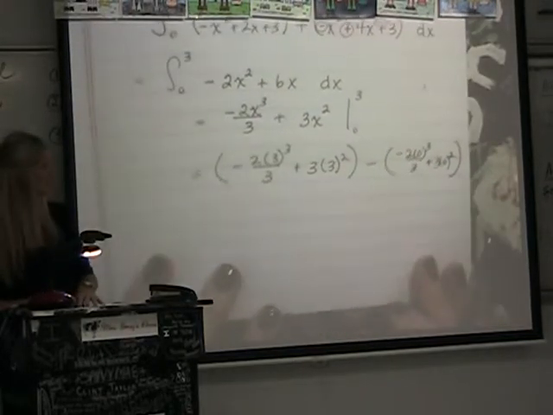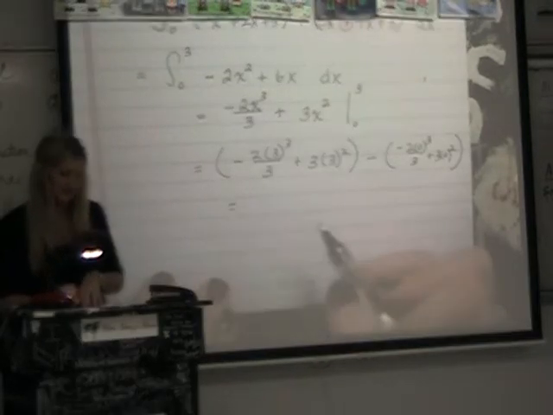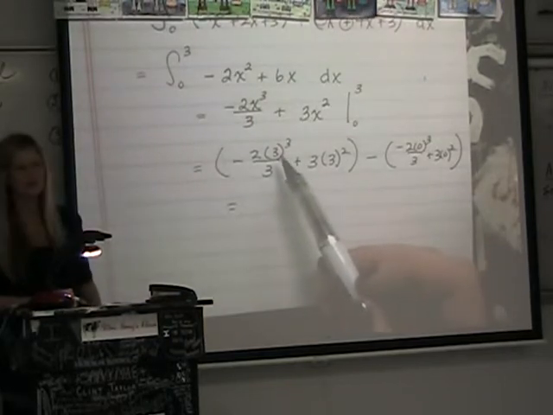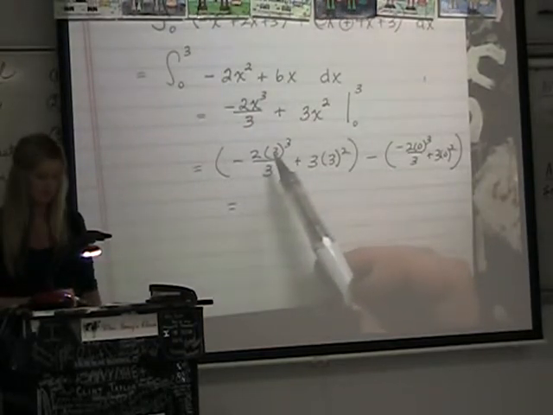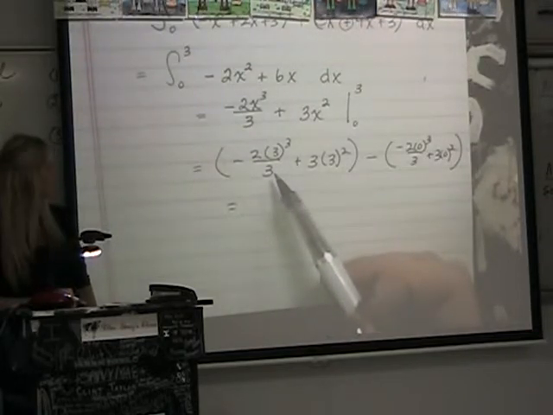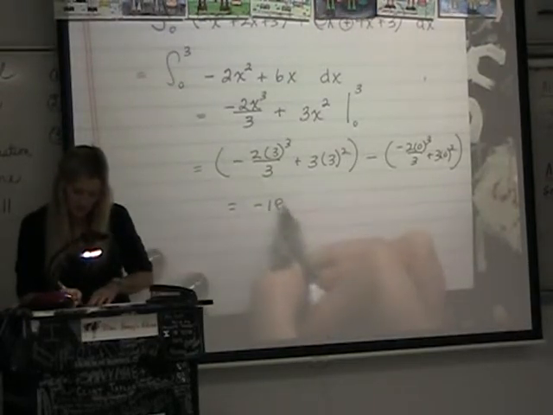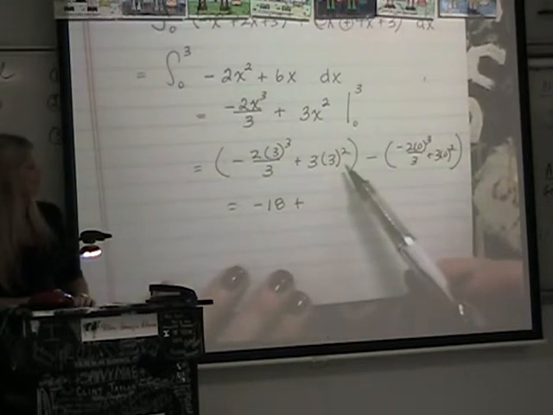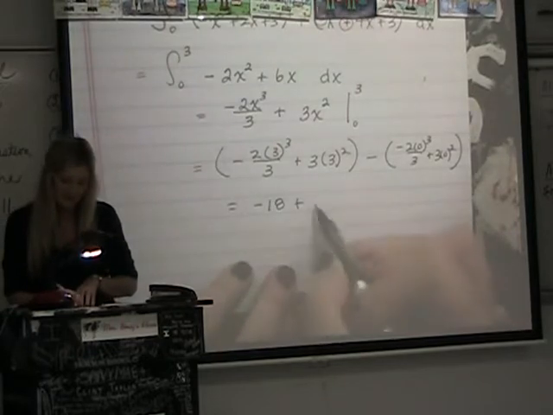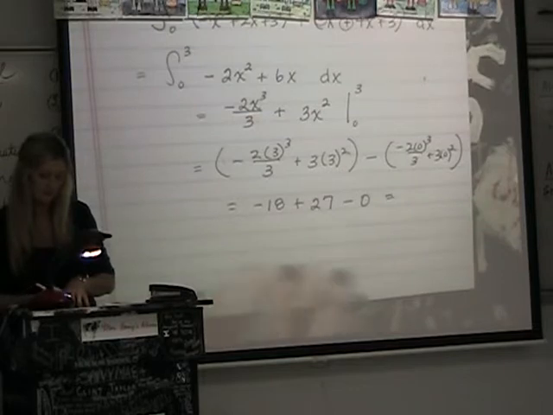I know that second parenthesis goes to 0, but my first parenthesis, let's see, I'm going to have a negative 2 times 3 cubed, which is 27. So negative 54 over 3, which would be negative 18. Plus 3 times 3 squared, well 3 squared is 9. And 9 times 3 is 27. What's negative 18 plus 27? 9.